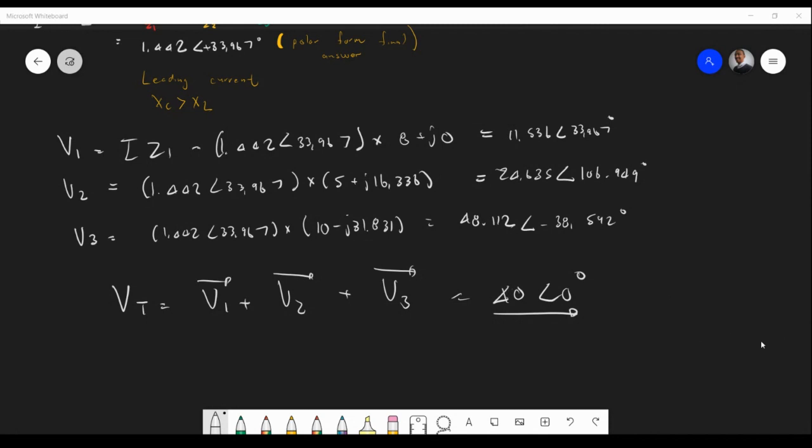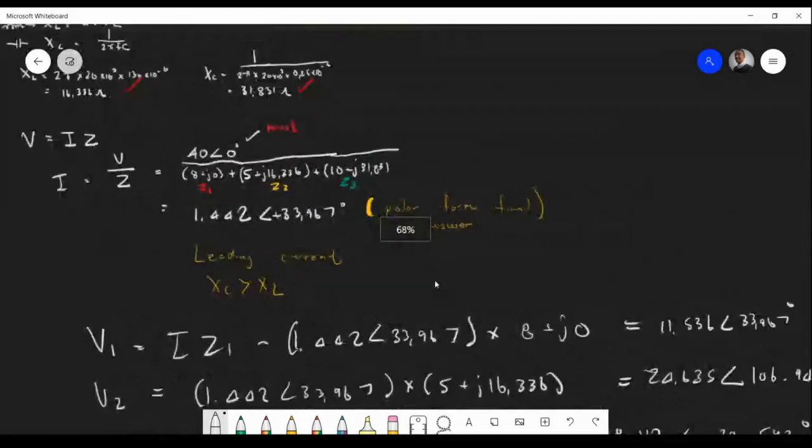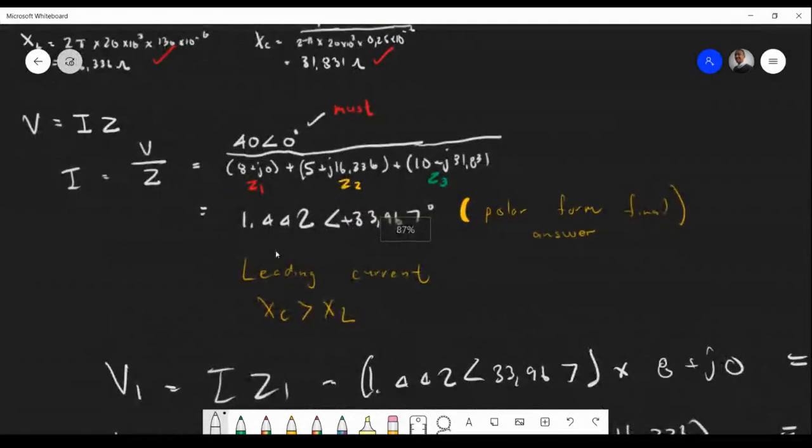Please explain what you wrote there about leading current and capacitors greater than inductance. So what I'm saying, Mr. Duplessis, is that obviously we had to find the current and the so-called phase angle. But if you do this in polar form, you find it one time. You'll see in the book they have funny ways of doing the same thing.